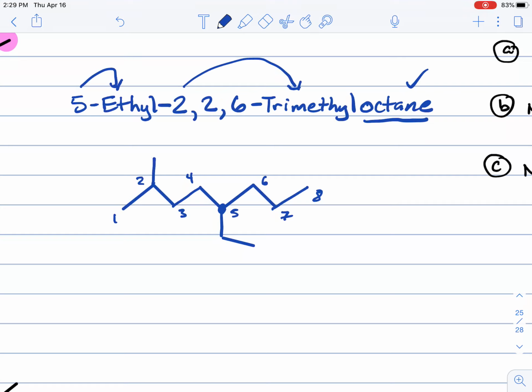So I'm going to draw a line going up. That's my methyl. On the same position, I have another methyl group. And then on the 6th carbon, I have another methyl group. And so this is the organic compound that I get.